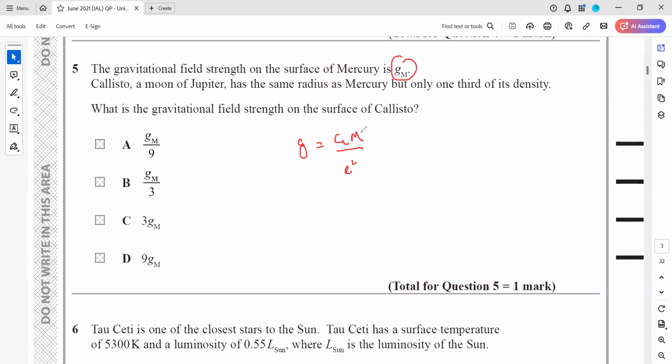If they have the same radius, the size is the same. If I rearrange this equation, the radius of Mercury is equal to GM over the mass of Mercury, and for the radius of our moon it will be GM over the mass of the moon.